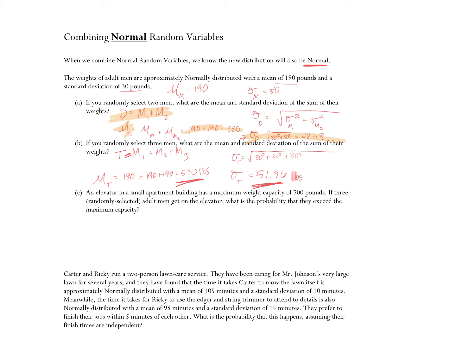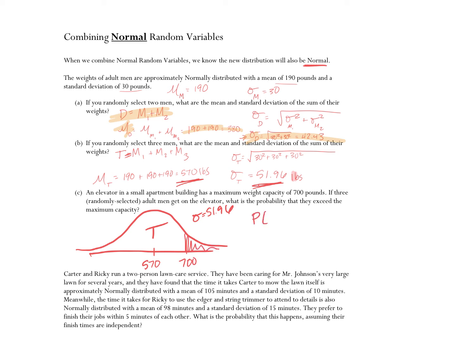When we combine normal distributions, the new distribution will also be normal. So we got a mean of 570, a standard deviation of 51.96, 700 or more.